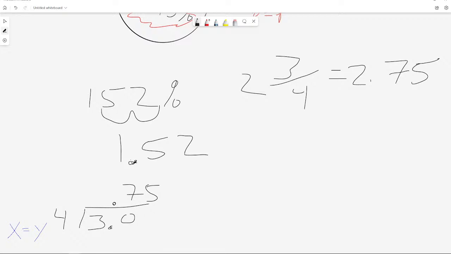So we have 2.75. Now remember, we want to convert this to a percent. So we're going to move the decimal over to the right 2 places. 1, 2. So we're going to put a 0 here.